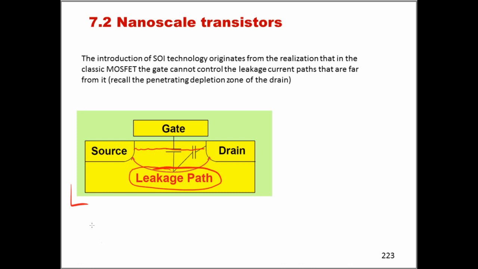Remember that the body of the transistor here is very thick compared to what the physical dimension of the source or the drain are. So the gate has no influence whatsoever into the depth of the silicon substrate, and this effectively means that we cannot have control on potential leakage paths that may exist between the source and the drain, and these leakage paths become more and more a problem as we shrink, as we know now.